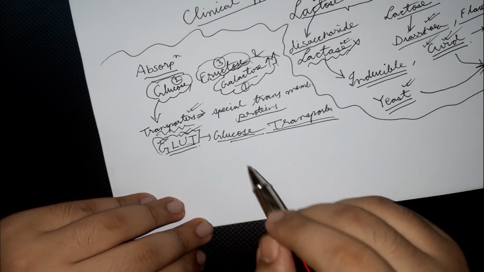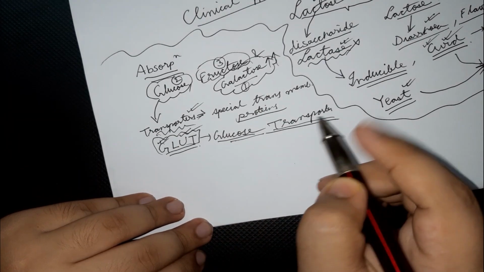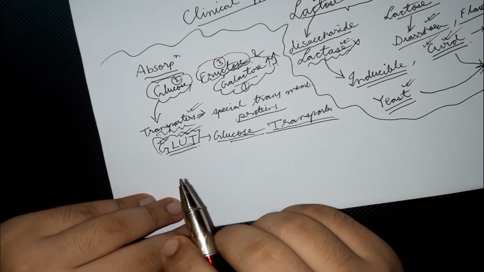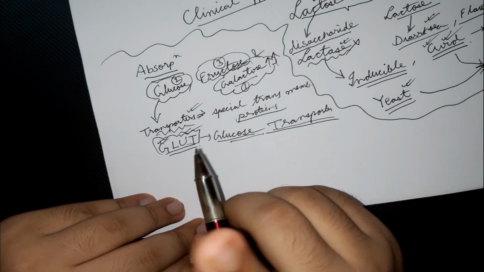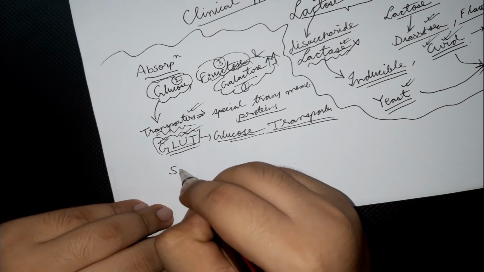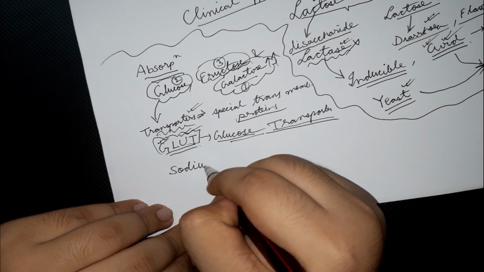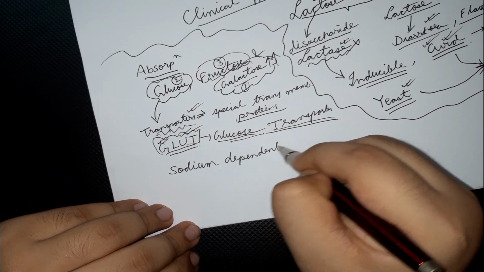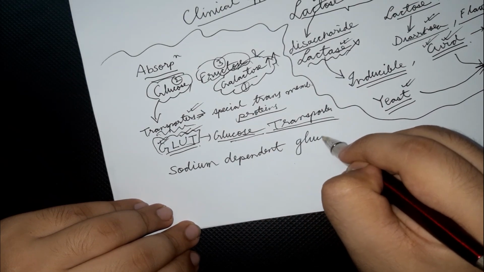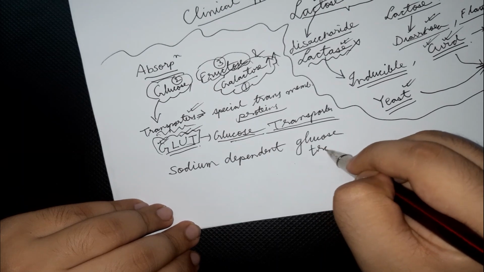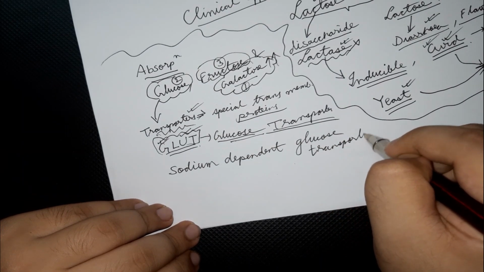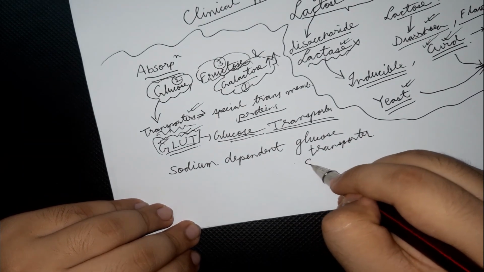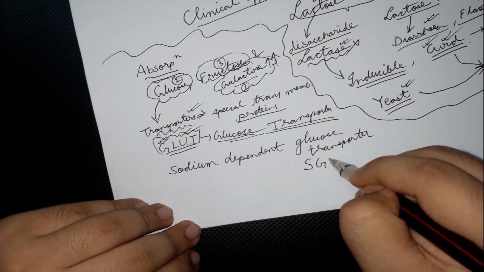Now, apart from GLUT, that is glucose transporter, there is another special type of transporter that is known as sodium dependent glucose transporter, or if abbreviated, S-GLUT.